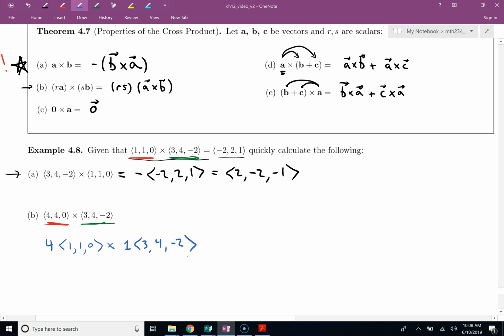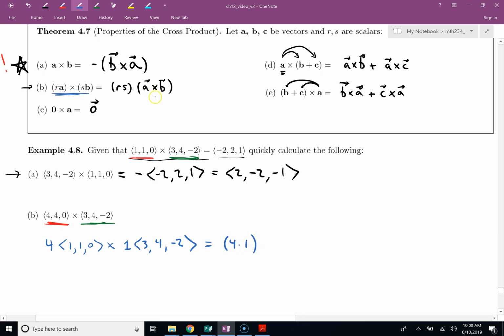So, looking at this, can you figure out which property from above we should use to solve this problem? And the answer is going to be B here, because we have our scalars, 4 and 1, along with the vectors that we know how to take the cross product of. So if you factor those out, our R and S would be 4 times 1.